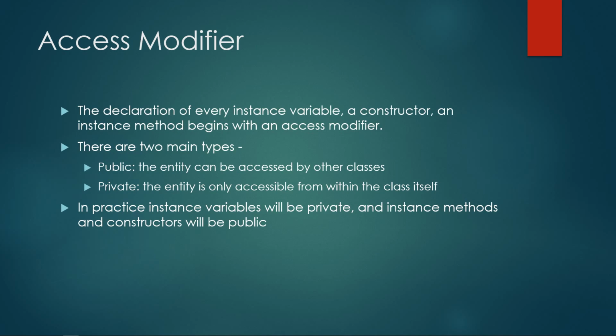So this third point, what they are trying to say here is that within a class you get the instance variables followed by the constructor and followed by the instance methods. The instance variables are declared private, and you use the instance methods, which are declared public, to act on those variables.